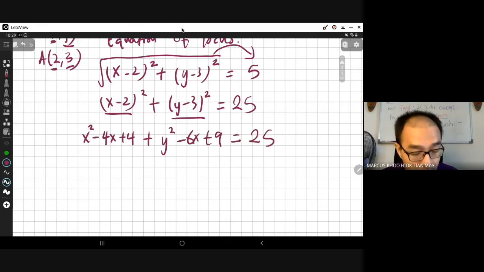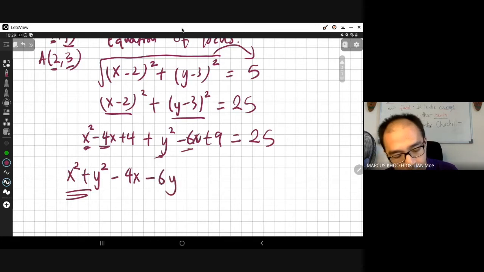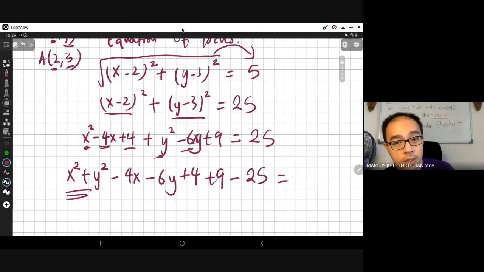Just like the question just now, we cannot really do much about all these numbers because there are no like terms. So we bring it all together: x squared plus y squared, circle equation, minus 4x minus 6y plus 4 plus 9 minus 25 equals 0.